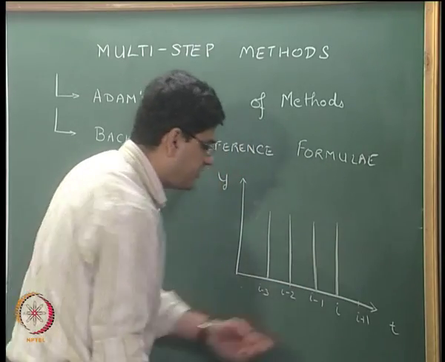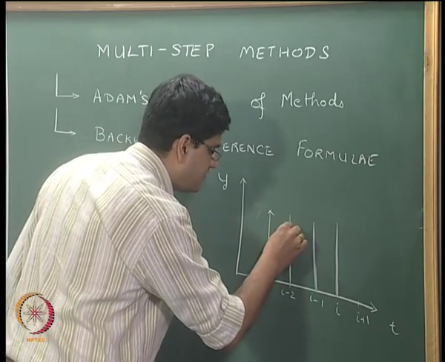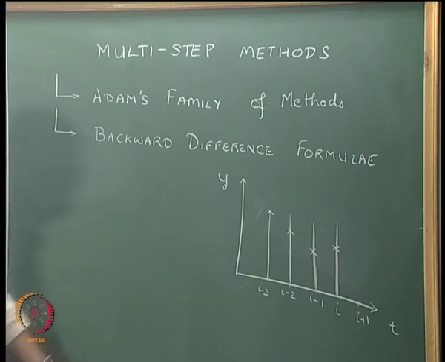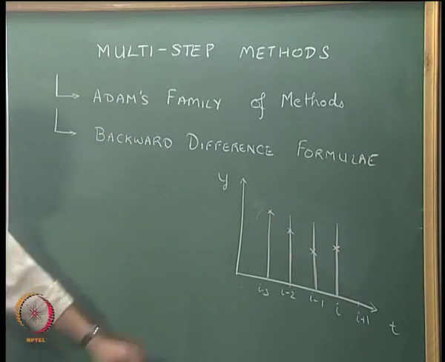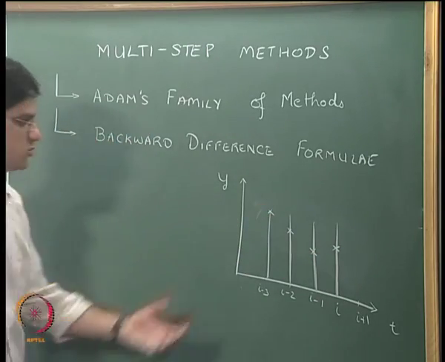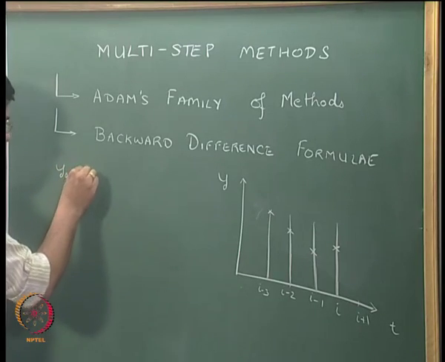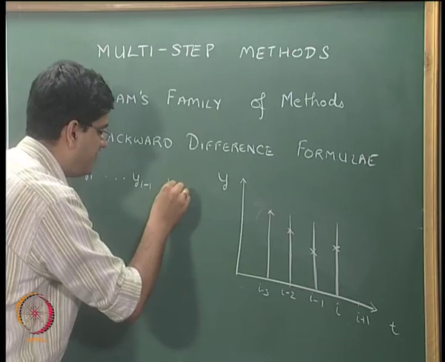What we have is i minus 1, i minus 2 and i minus 3, and let us say we have the y i computed at i minus 3, i minus 2, i minus 1 and i. Now, what we can do is use this information. So, what information is available to us now is y0, y1, and so on up to y i minus 1 and y i.